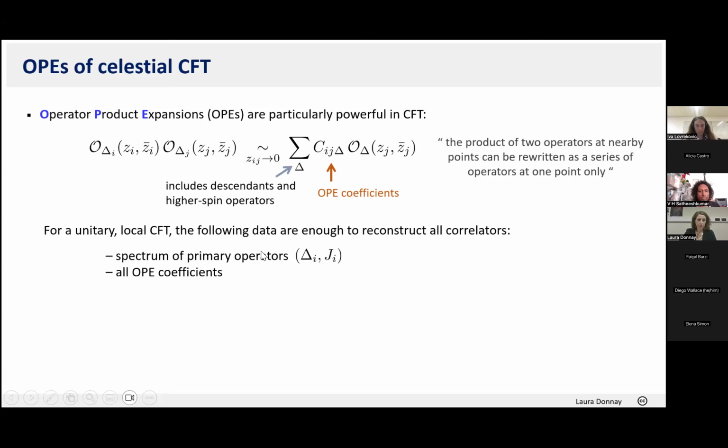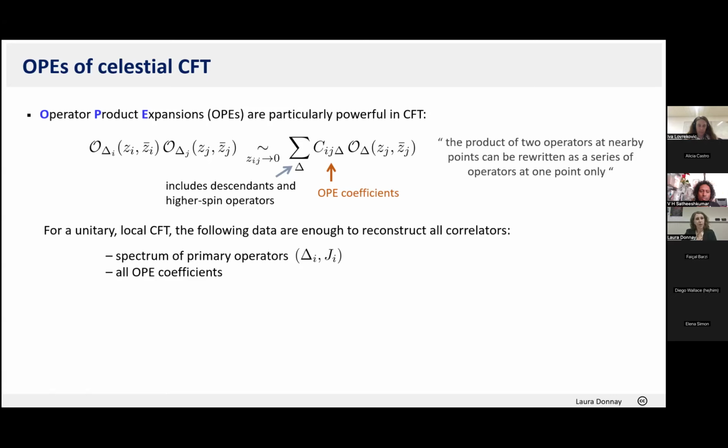That's why people in the community, let's say in the conformal bootstrap, say that these are the CFT data, because once you know that, you know the theory. Essentially, you can solve the theory. So the OPE and the OPE coefficients are a key aspect of CFT.